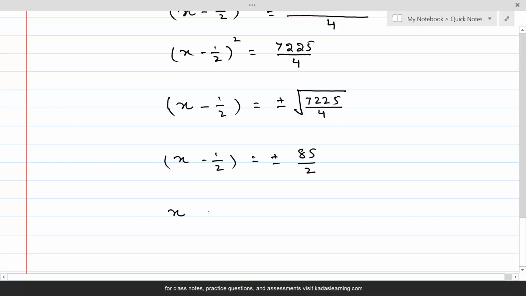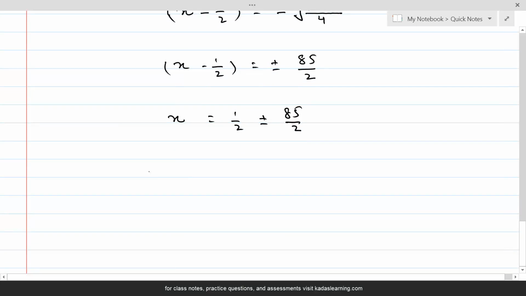So x is equal to 1 by 2 plus minus 85 divided by 2, and one time we are going to take the positive sign, that is 1 by 2 plus 85 over 2, and one time we are going to take the negative, for that x is equal to 1 by 2 minus 85 over 2.